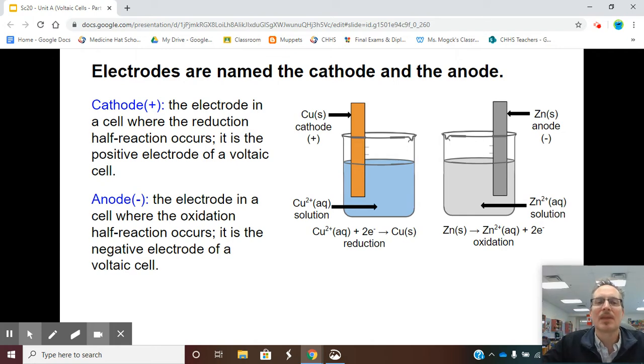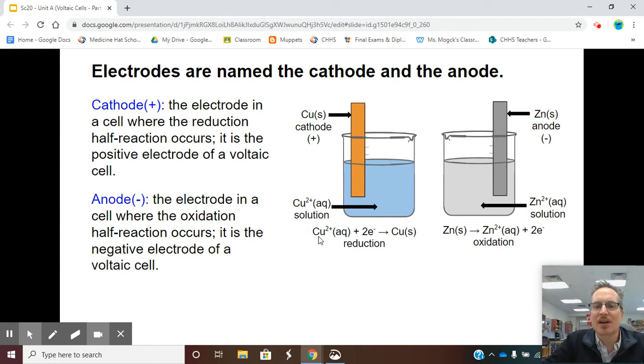Cheesy rule number one. The second thing you have to remember about cathodes: not only are cathodes positive, but cathodes is where we have the reduction half reaction occurring. So this is where the reduction half reaction, gaining electrons, occurs.